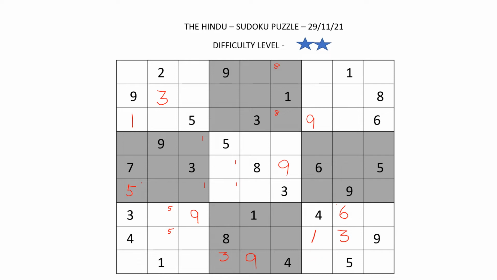So in one go we were able to find all the numbers of this cell except these two cells. The missing numbers in these 2 cells are 2 and 7. That means 2 and 7 is going to be a complementing pair here.